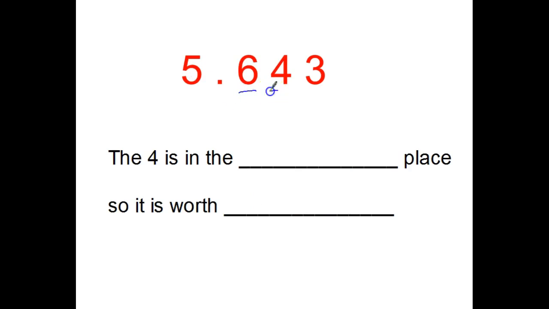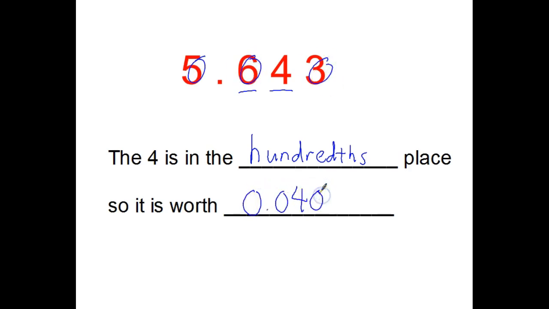The 4 is in the tenths, hundredths. Everything else going to a 0. So I've got 0.040. And this 0 happens to be on the outside. So I'm just going to write 0.04. The 4 in the hundredths is worth 4 hundredths.